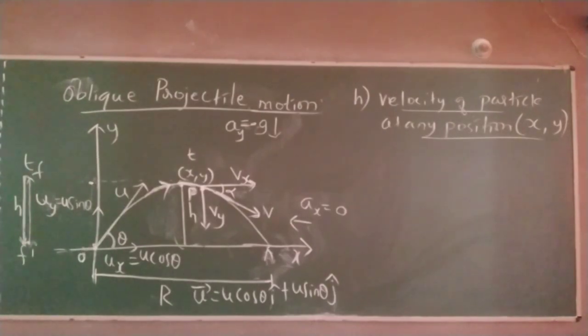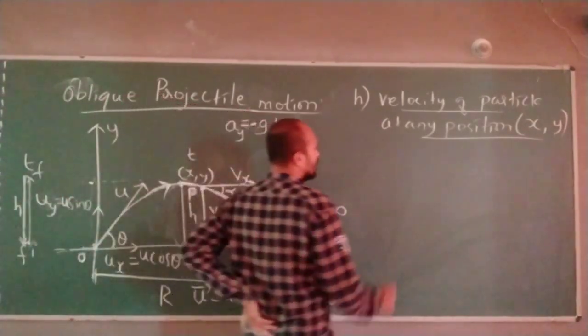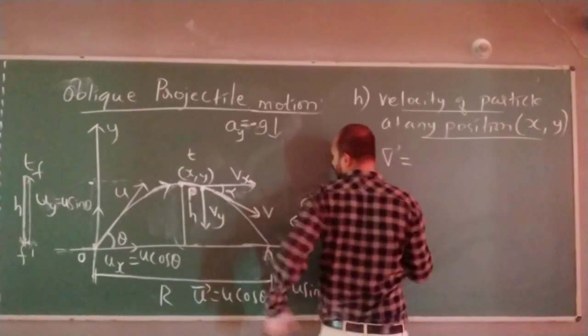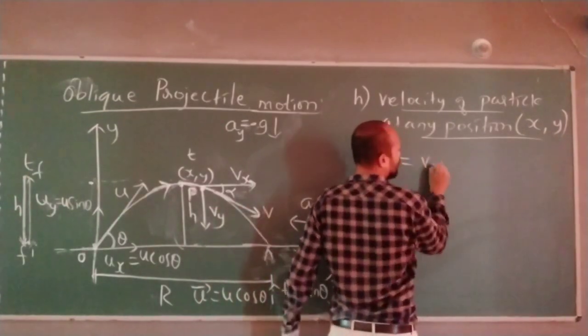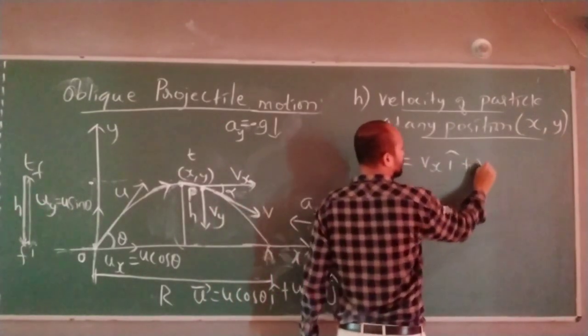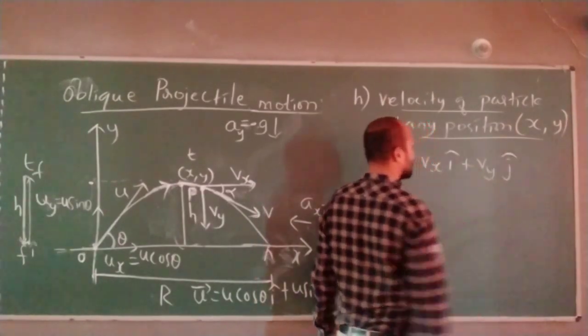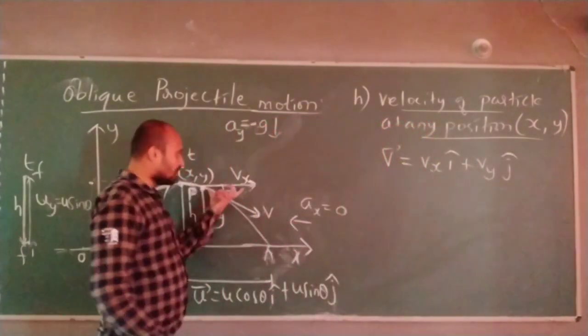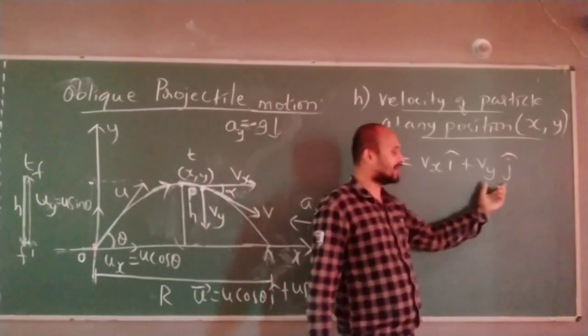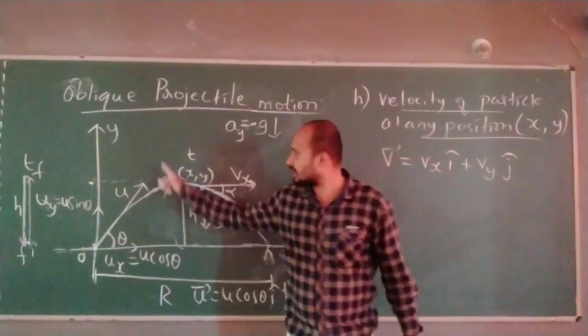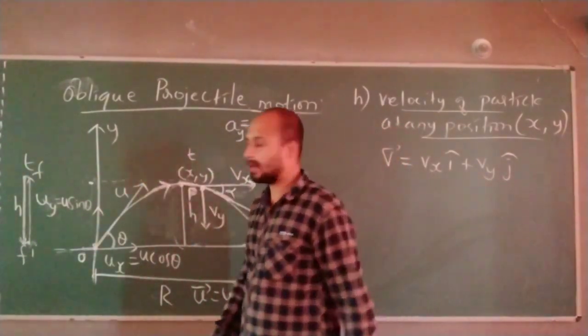How am I going to write it? The velocity vector can be written as Vx i cap plus Vy j cap. The component Vx is along the direction i cap, and Vy is along j cap.